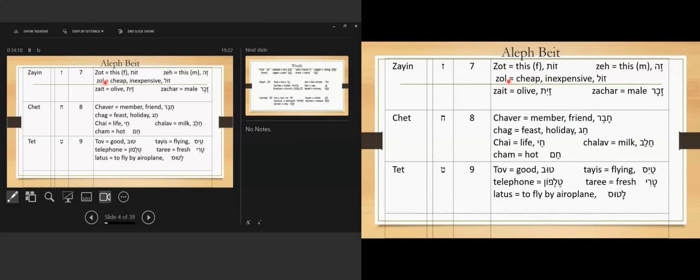Next words. I've just changed the spelling a bit to make it look different. Words beginning with dalet, which is 4. Right. Davar is a thing. D, A, V without the dot, so it's a V, A, R. Davar is a thing. Devarim could be plural words.